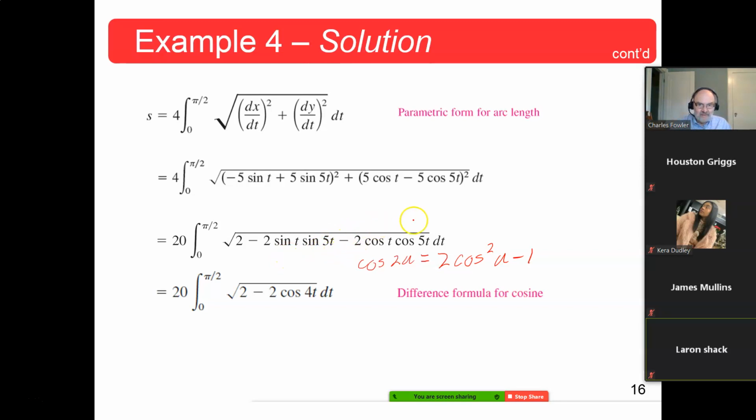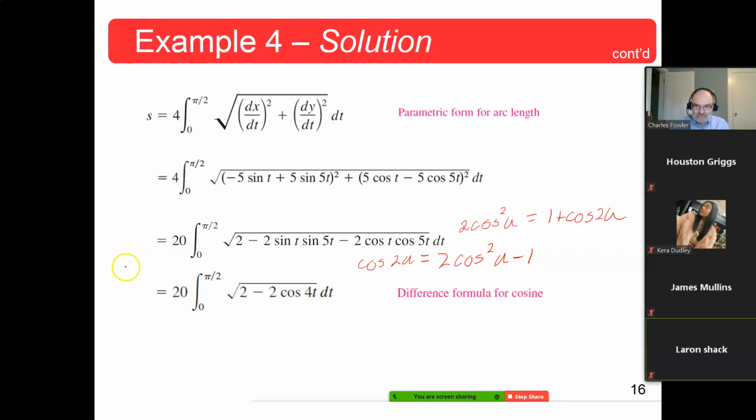This would produce 2 times cosine squared u is equal to 1 plus cosine 2u.